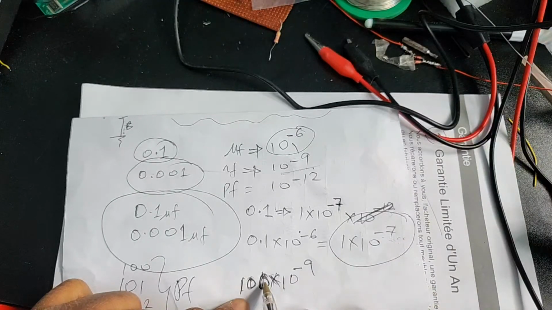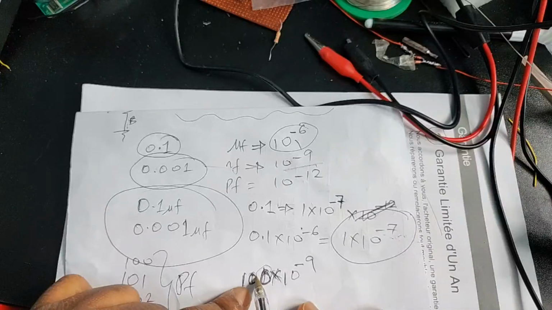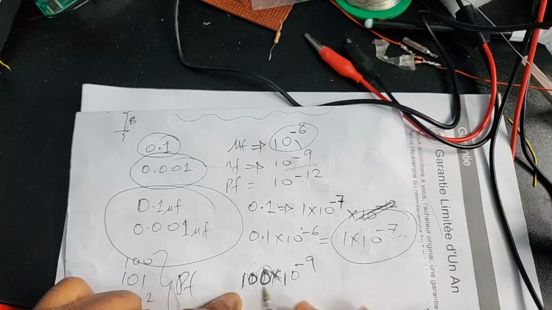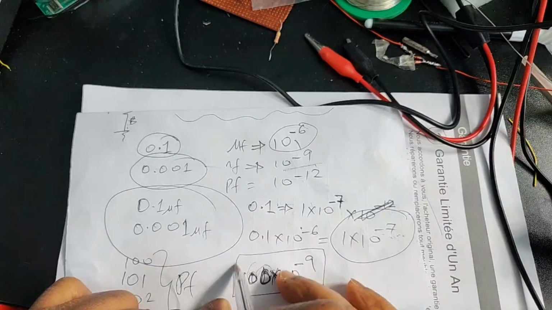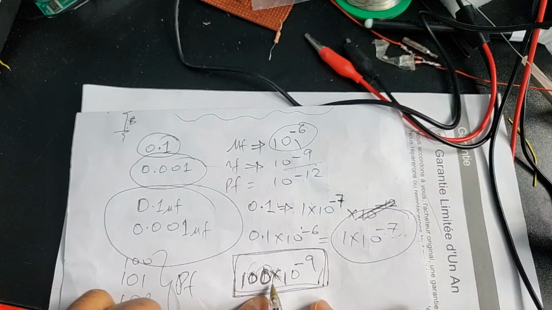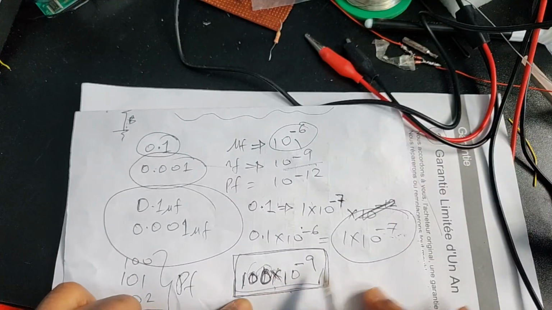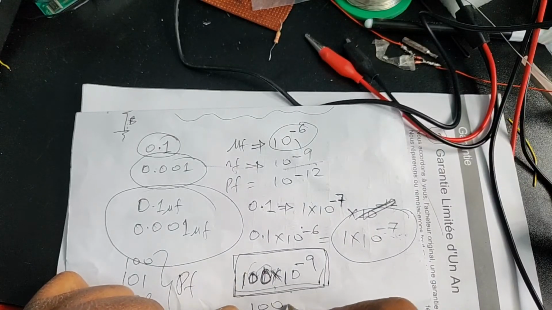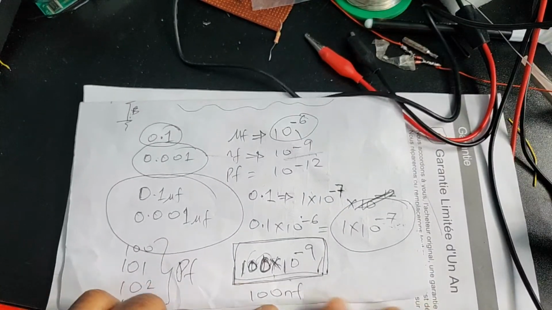If I want to get to minus 7, I go 1 decimal place. All right? So this is what I have now. 100 times 10 raised to the power minus 9 is the same thing as 100 nanofarads.